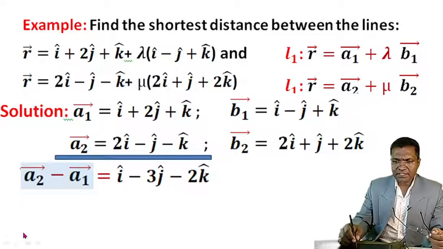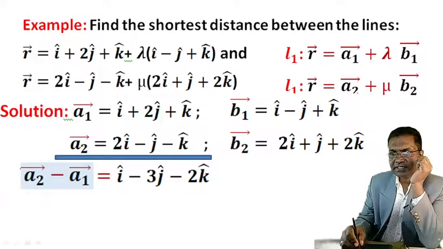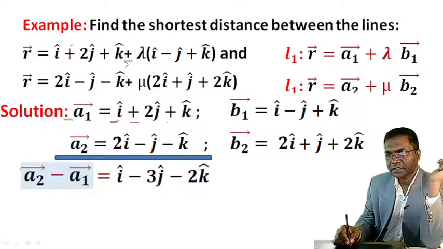So change the sign of the above vector and you can add them. If I change the sign here of this and this, that is your minus a1.